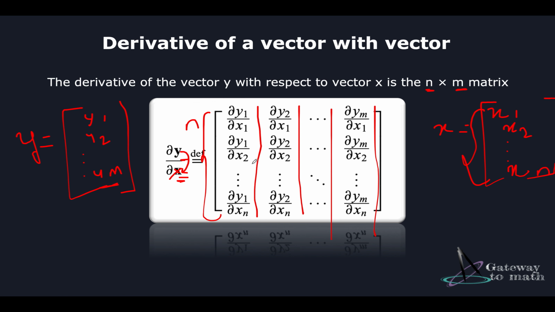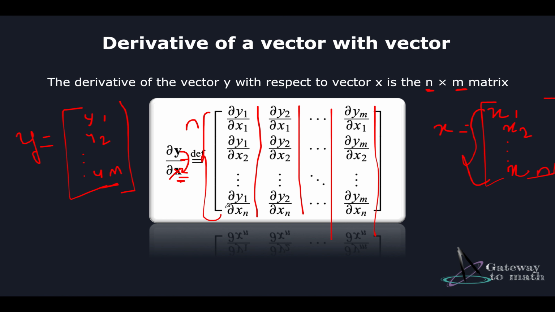So the final output can be represented as del y1 upon del x1, del y2 upon del x1, and so forth until del ym upon del x1. Moving to the next row, we have del y1 upon del x2, del y2 upon del x2, going forward until the column ym is obtained, so del ym upon del x2.